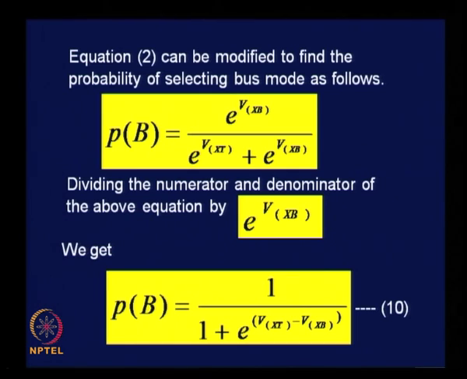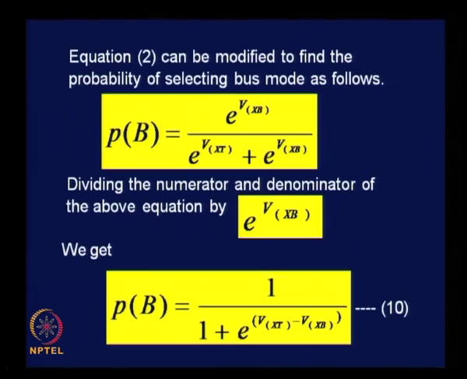P of B will be equal to 1 divided by 1 plus e power Vxt minus Vxb. What is P of B? Probability of choice of bus, right. We get this probability using this very simple equation, which is nothing but 1 by 1 plus e power Vxt minus Vxb.